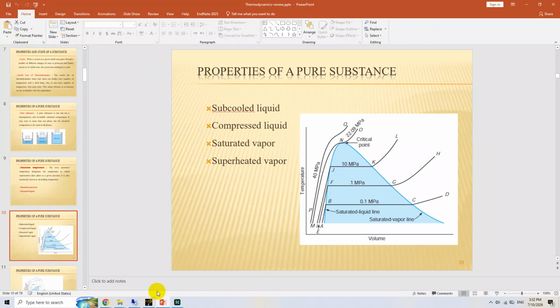This is a diagram of temperature versus volume of water. We consider a fixed pressure, for example, in the case of B, the pressure of the water is 0.1 megapascal, or 1 bar.